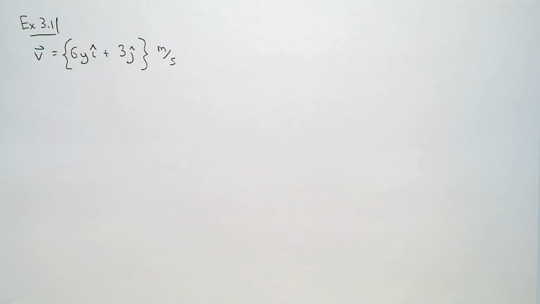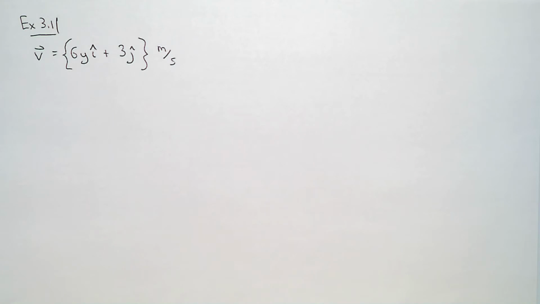Now let's do a quick review to see if we understand our vectors. What's the x component of the velocity? 6y, right? Because it is multiplied by the unit vector in the x direction.